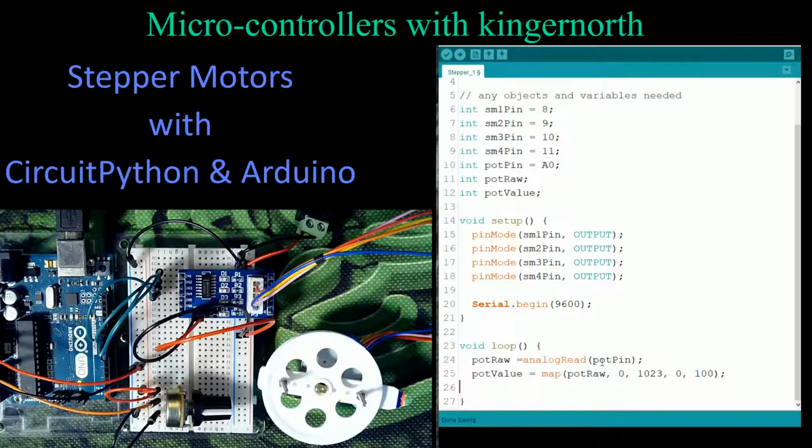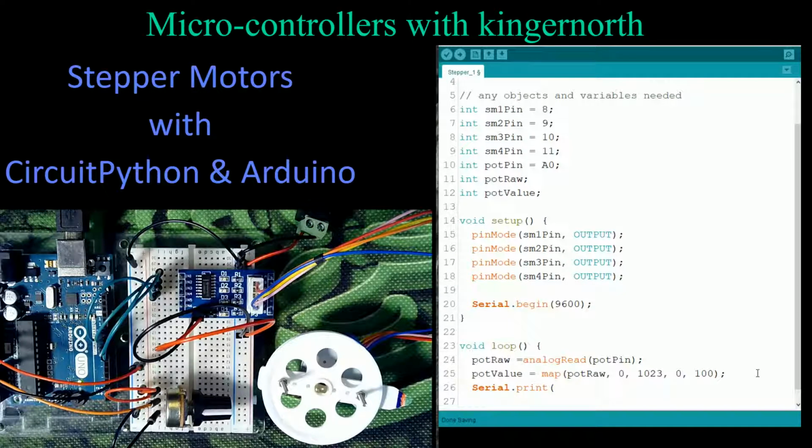The only thing I want to do here is know what that pot value is going to be. So I'm going to come here to the end of this and add in a Serial.print. Actually, we're not going to put the LN in here, because it's a line feed. We're going to do it this way.